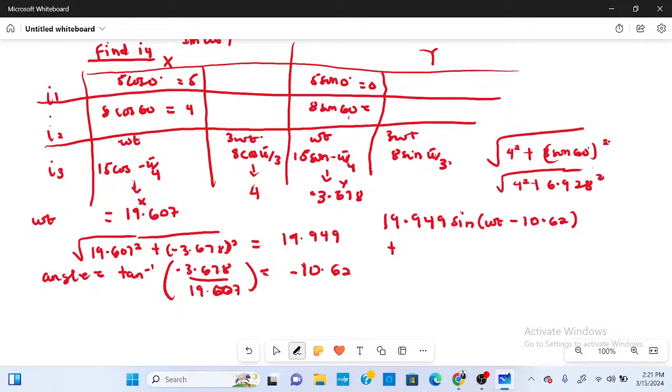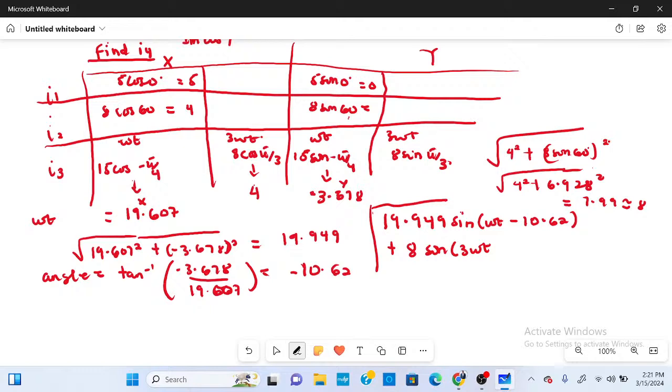And that is simply equal to 7.99999, which is approximately 8. So I'll have plus 8. So this is my final answer. I have plus 8 sine, here is 3 omega t.